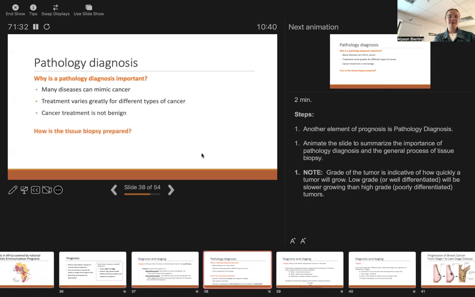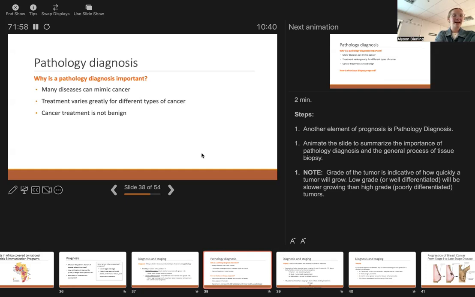So as I started to discuss on the previous slide, pathologic diagnosis is really critically important in cancer because many diseases can look like cancer or mimic cancer. And so we want to make sure that a patient does actually have cancer before we treat them.